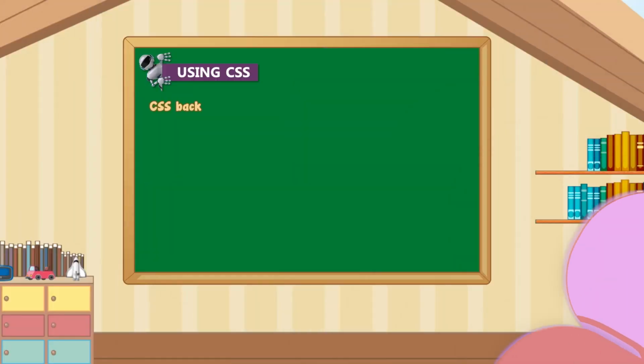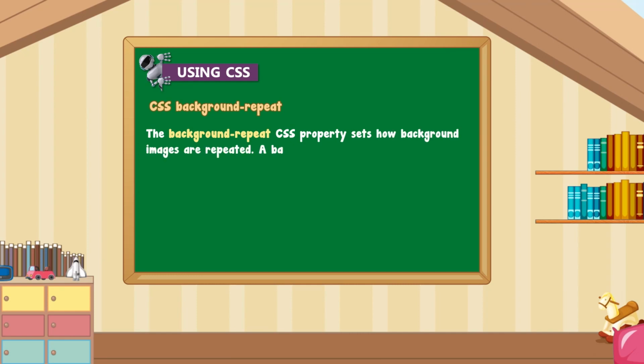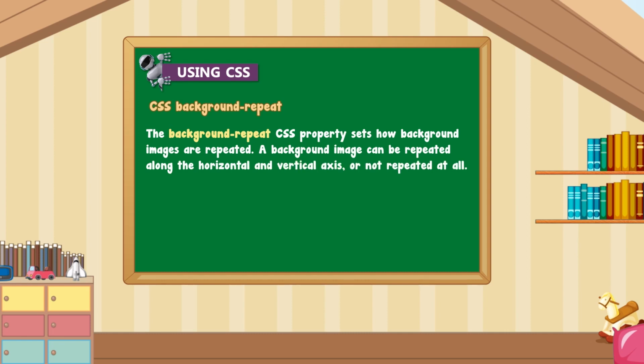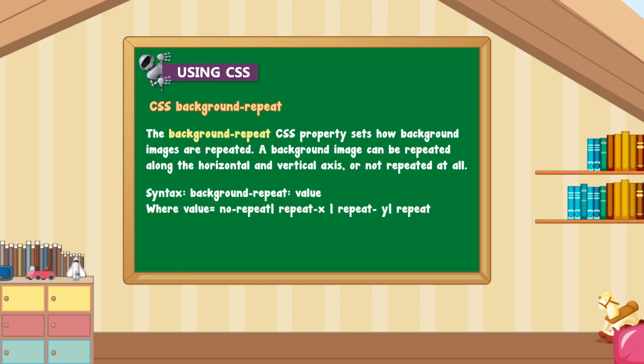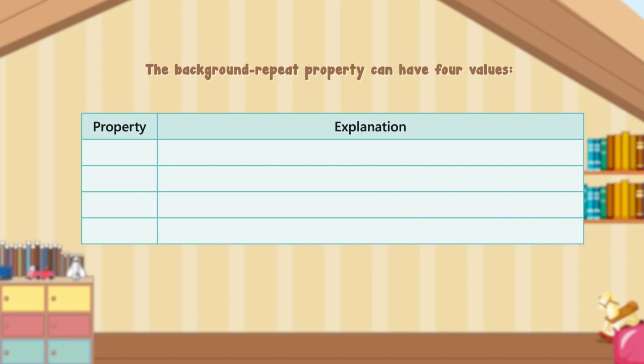Now let's see the CSS background repeat. The background repeat CSS property sets how background images are repeated. A background image can be repeated along the horizontal and vertical axis, or not repeated at all. This is its syntax. The background repeat property can have four values. First is no repeat, the image is only shown once.